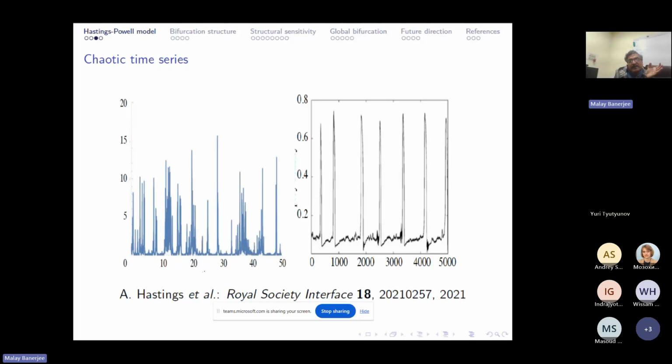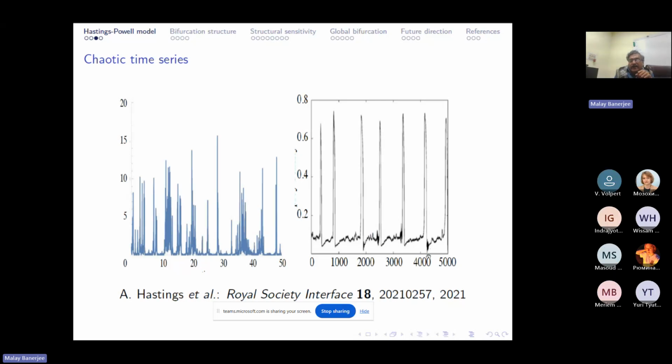So the ecological interpretation is that the left-hand time series indicates there is a possibility of extinction. The right-hand time series does not show any indication of extinction as of now, except at one time point.